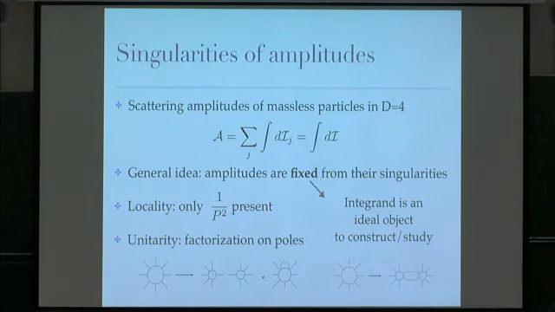Now, there are two statements about the integrand, physical statements we can formulate kinematically. One is the statement about the locality of the theory, which corresponds just to the presence of 1/p² poles in the integrand. The other is unitarity, which says that the integrand factorizes on the poles, either the tree-level factorization or the so-called forward limit, or for the loop integrand we can also sit on two poles, and then this is the famous unitarity cut.